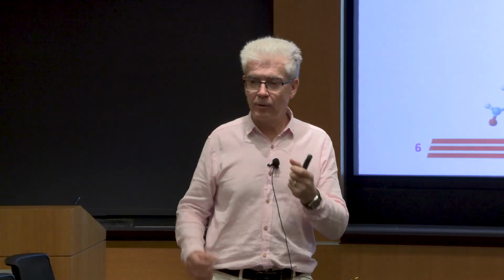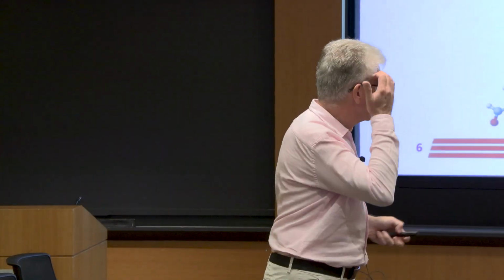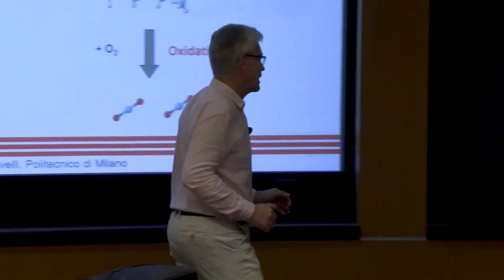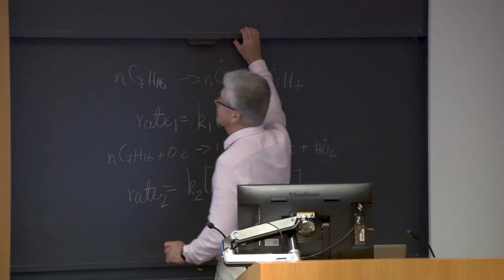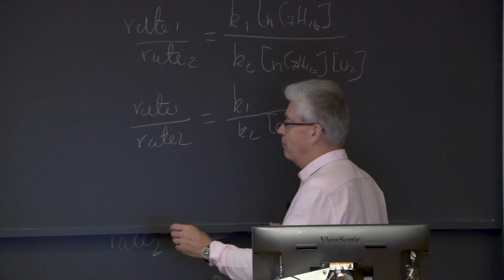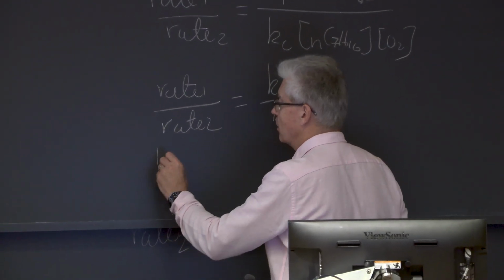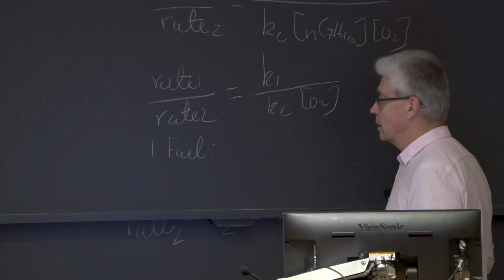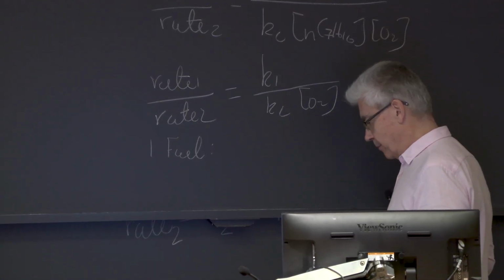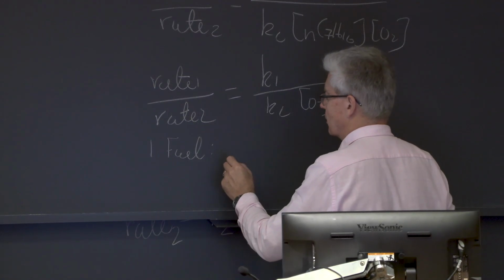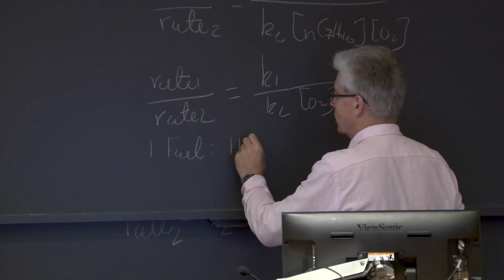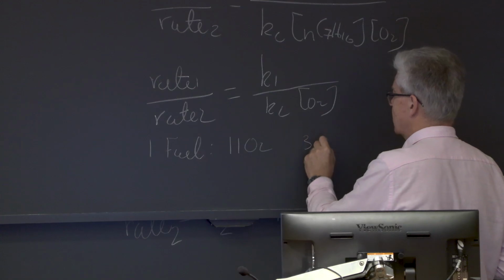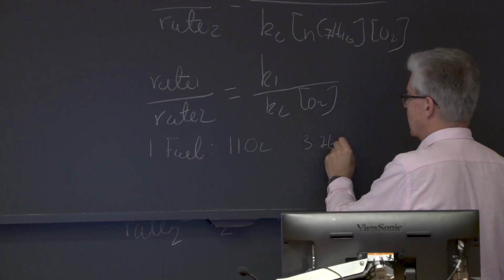Okay, so I haven't done this in years. I can't remember exactly, so let me just try and do it roughly. So we have 1 part fuel, and we have, what is it, 11 O2, and then we have, is it 3.76 times 11?